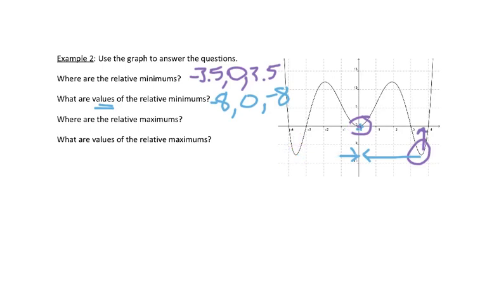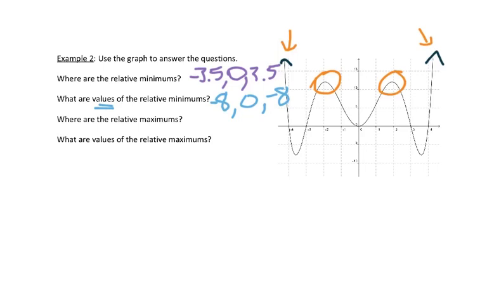Okay, so let's talk now about the maximums, relative maximums. This graph, my arrows got chopped off again. So the relative maximums happen here at the highest point, like the top of the hill and the top of the hill. Now we can't talk about these arrows because they keep going forever, so there wouldn't be a relative max there.